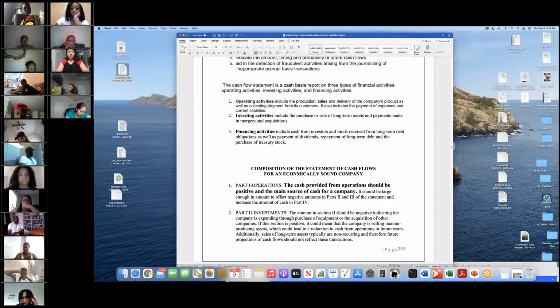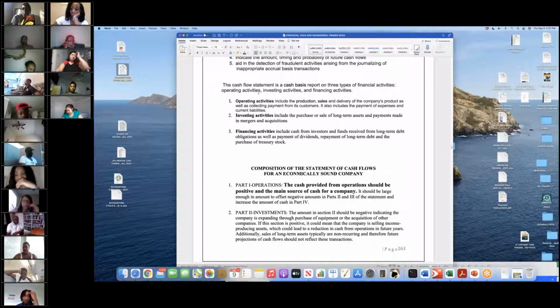So in operating, we're looking at current assets, and in investing, these are long-term assets. Did we sell some or did we buy some? We would like a situation where the company is expanding and we buy some assets. Financing activities looks at funds coming into the business from investors, long-term debt. But the key is operating activities.